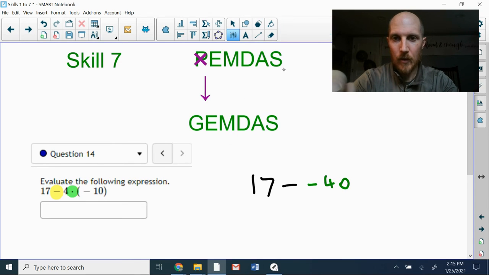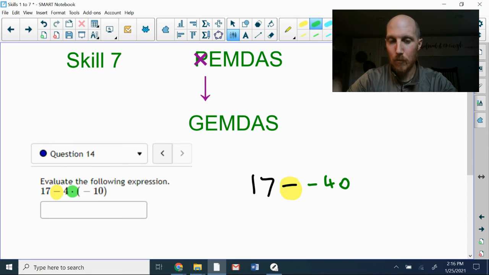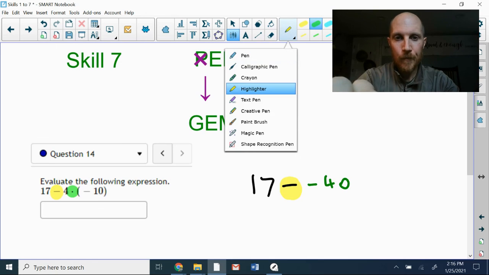This minus sign is that yellow minus sign from the original problem. And then the negative 40 came from that multiplication part, the 4 times negative 10. So I have 17 minus negative 40. We've got to pay attention to all the little details and not say, oh, I already wrote a minus sign, and then forget to write another one. There should be 2 minus signs in a row.